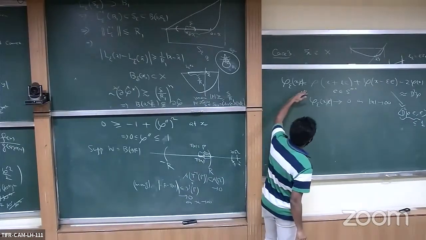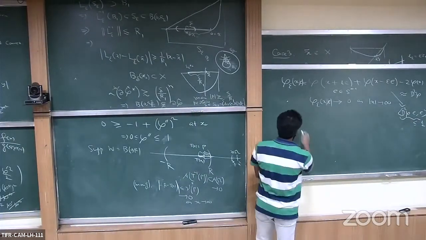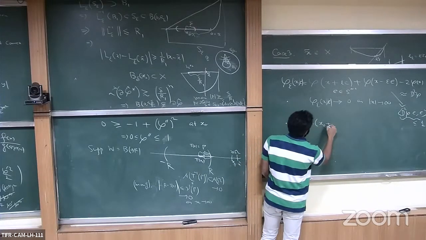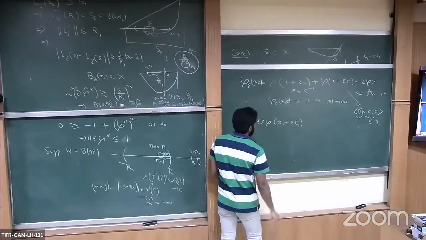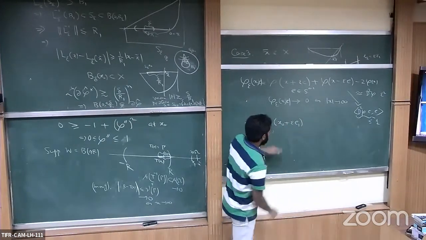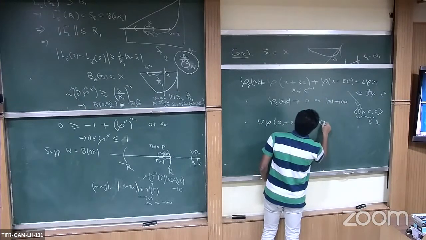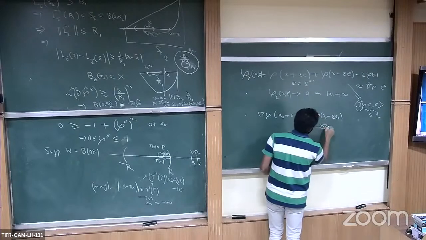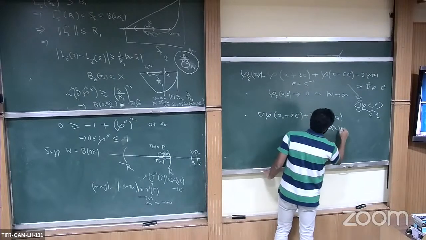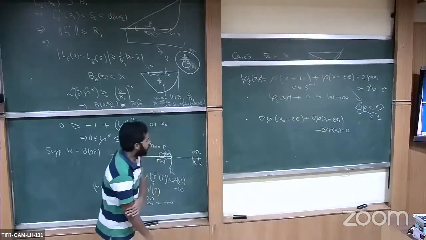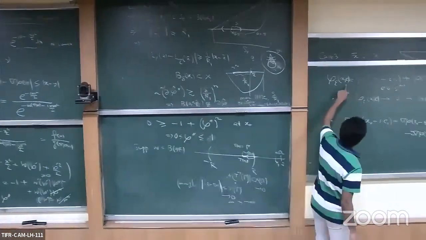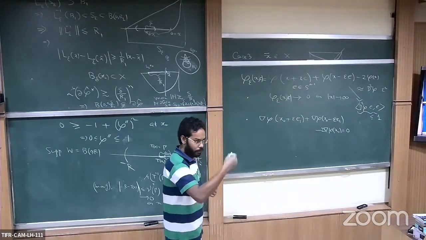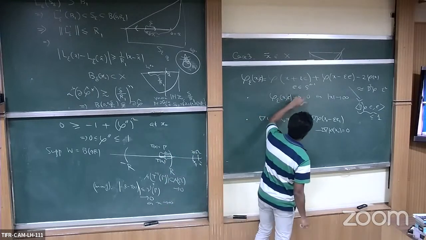So if this has a point of maxima, then the gradient at that point vanishes. Suppose x0 is a point of maxima and e1 is the direction, then the gradient of phi at x plus epsilon e1, minus the gradient of phi at x minus epsilon e1, vanishes when you take the gradient with respect to x. Now you have another direction e, which is in the direction of S^(n-1). So if we take the gradient, it should be along the normal direction, right? And the normal direction is e itself.